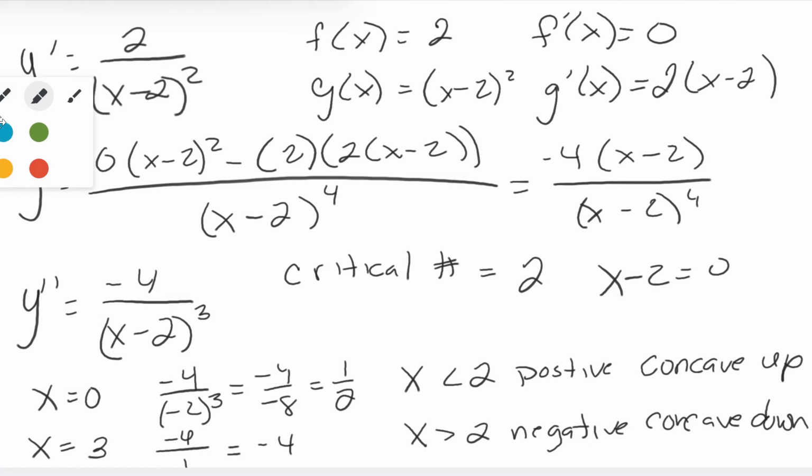And when you set the denominator to 0 for the critical number, you don't ever include the exponent? It wouldn't matter. It depends on what the problem is. Since this one's a parenthesis with the exponent, it doesn't make a difference because really what's inside matters. If I put x minus 2 to the third power equals 0, I would do the cubed root of both sides, and the cubed root of 0 is 0. So it kind of cancels itself out, so you don't have to worry about it. You have to figure out what piece matters.